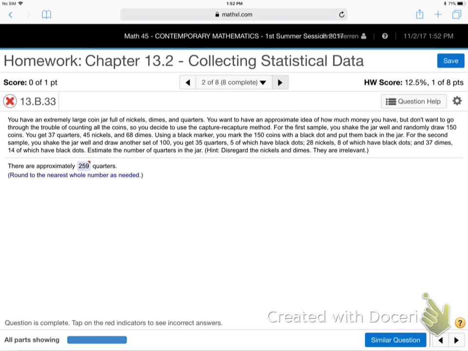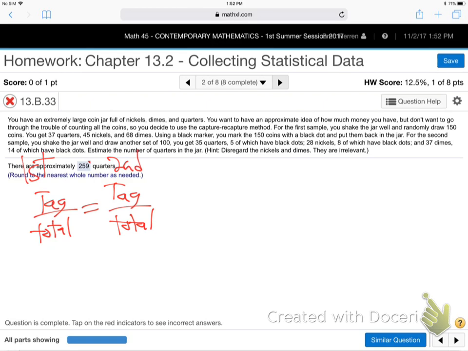They're giving me a nice hint there. Disregard nickels and dimes. They are irrelevant. That's right. Okay, so it sounds so fancy, all those words, all those numbers. It's just tag over total. Let me help you with it and show you how to cut through all the fog. It's just tag over total, first capture, second capture. We're just, instead of tagging it, tagging them with a black dot.